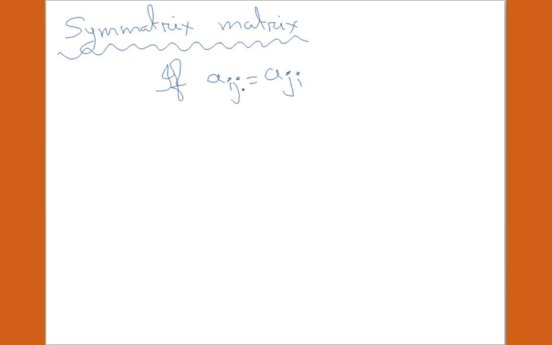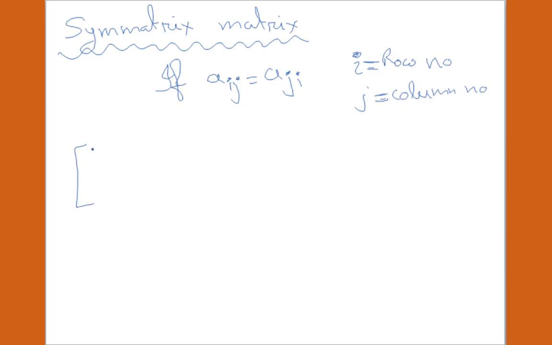So what is i, what is j? i is the row number of the matrix, j is the column number of the matrix. In general, we write like this: i and j. If Aij is equal to Aji, then the matrix is called a symmetric matrix.